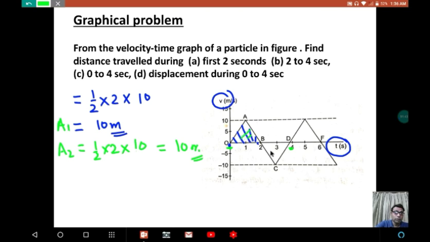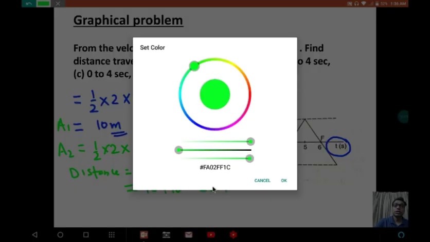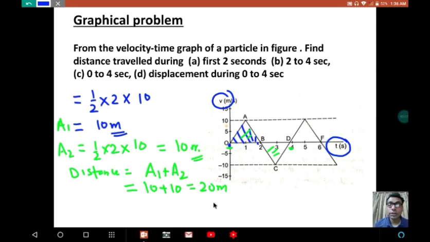Area A1 and A2 we add for the distance, that is A1 plus A2, which comes to be 10 plus 10, that is equal to 20 meters. So this is the distance traveled from 0 to 4 seconds.